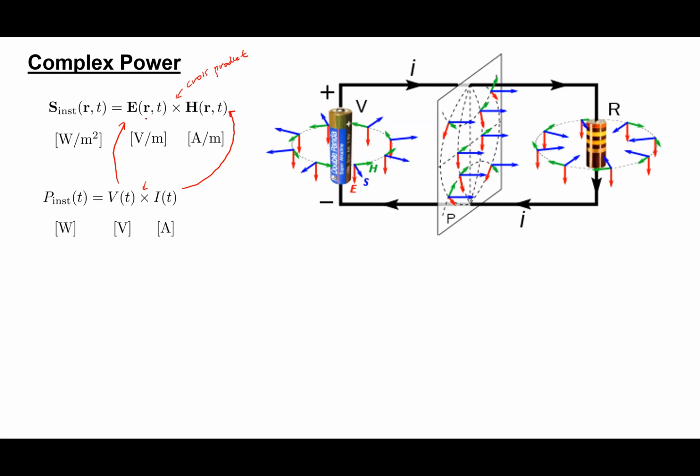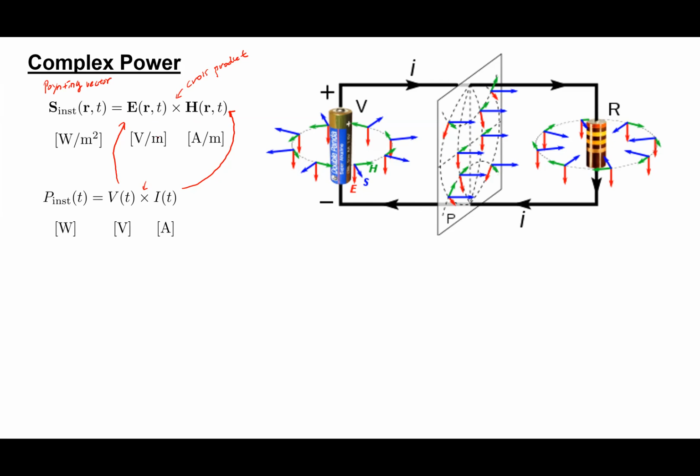Then the product between the electric field and the magnetic field is defined as the Poynting vector, the power density carried by this electromagnetic field.